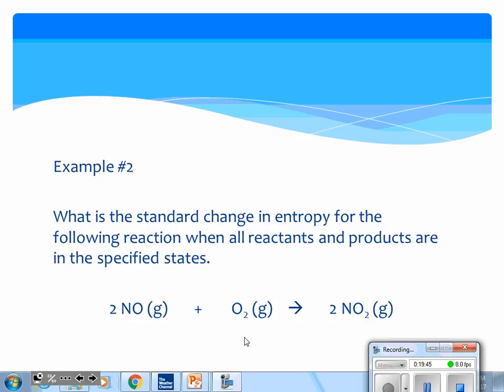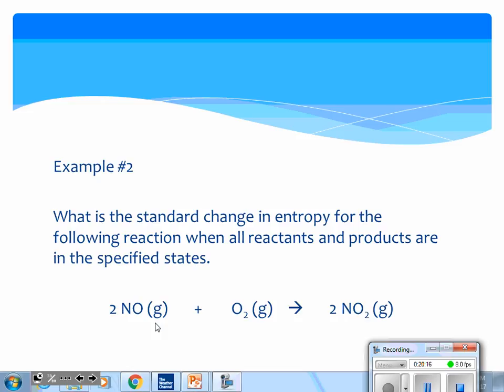Based on our 3 principles that we discussed earlier about entropy, all 3 of these are in the gaseous state. So does that tell me anything? No. But I have two reactants going to one product. What does that tell me? Am I becoming more ordered or more disordered?